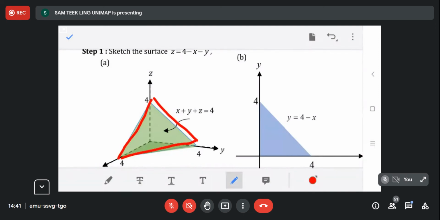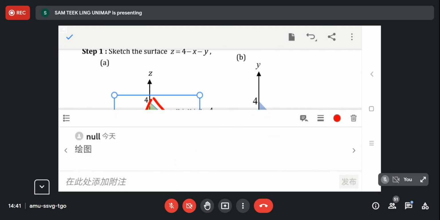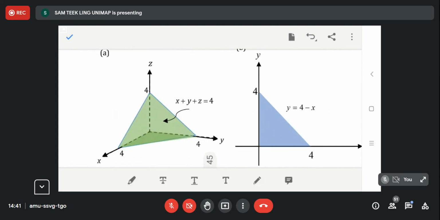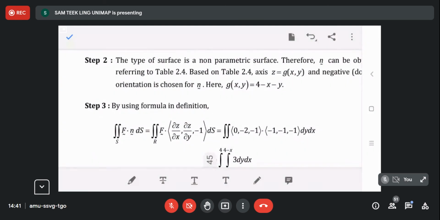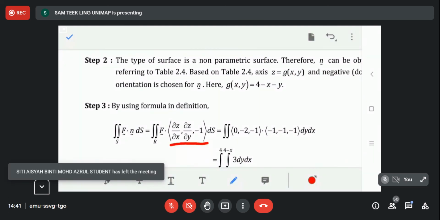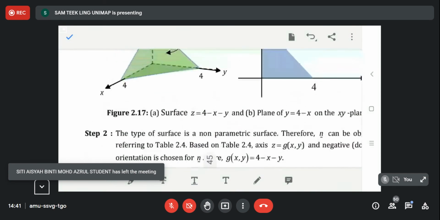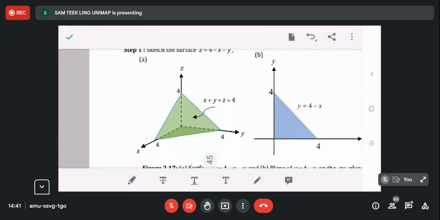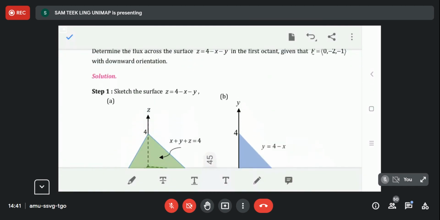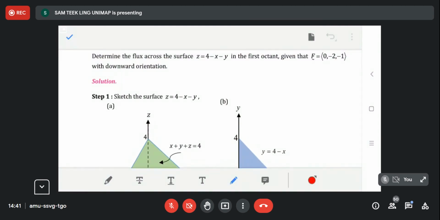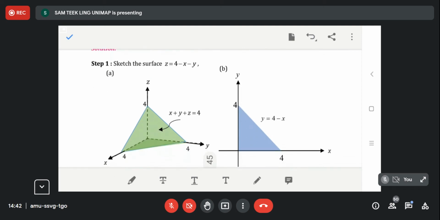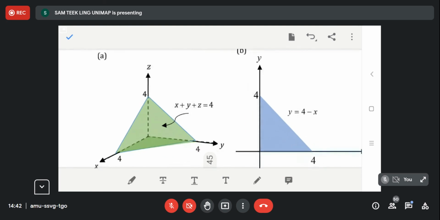So we will apply how to find our n. How to find our n? You can see the question already gives you the downward orientation. This one is 3-dimensional.